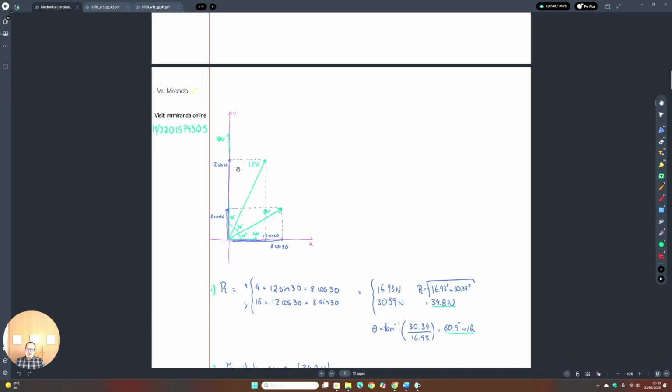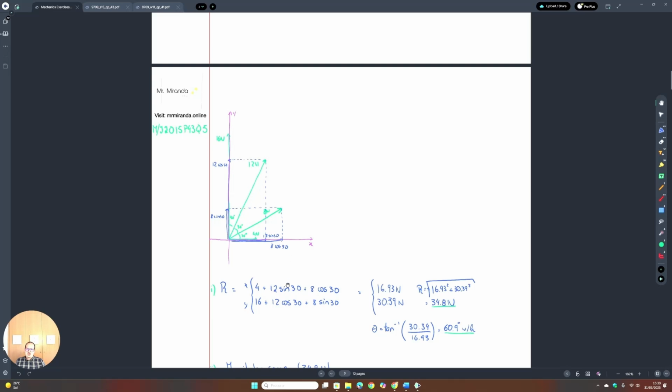So if you want to get the horizontal component of this 12 Newton force, you can also do it by using this angle with the y-axis. But in this case, you are going to use the sine, because this over here is the opposite to this angle. Hence, the use of the sine.